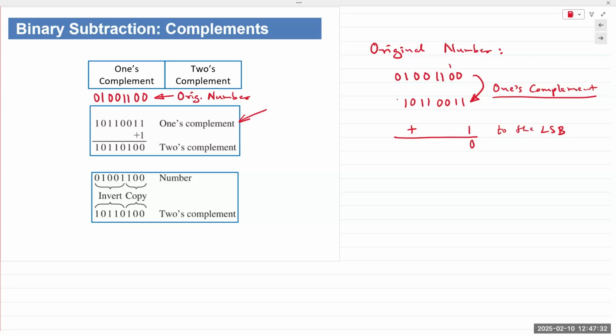And to find the twos complement, you add plus 1 to the LSB of the ones complement.